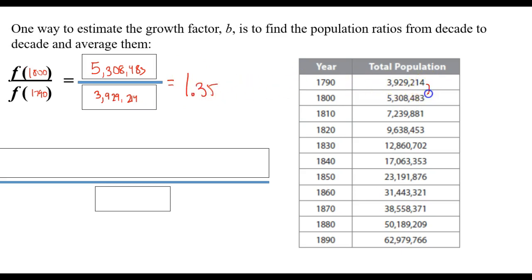Now the only thing is, this is just one ratio, right? We're going to need to find the ratio for these two, and the ratio for these two. So essentially I'm asking you to do a couple of division problems.